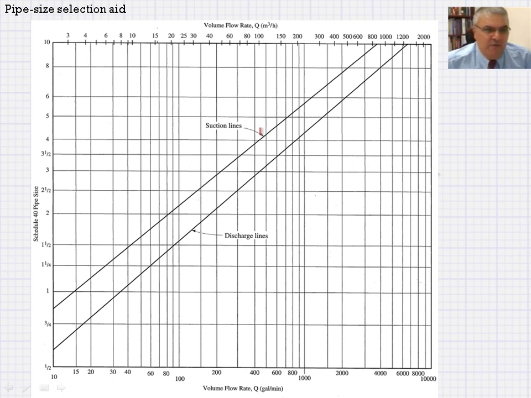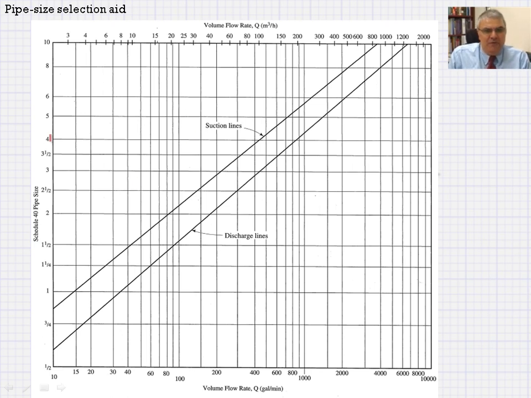Remember, we could have both of them depending on what side of the flow we are dealing with. The volumetric flow rate Q in gallons per minute is given on the x-axis at the bottom. The x-axis on top shows the volume flow rate in cubic meters per hour, and this is for Schedule 40. The pipe sizes are also shown here.